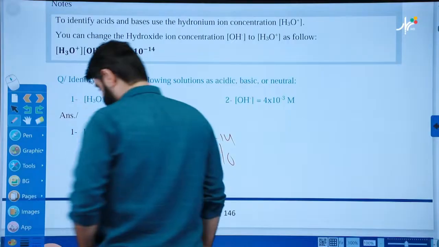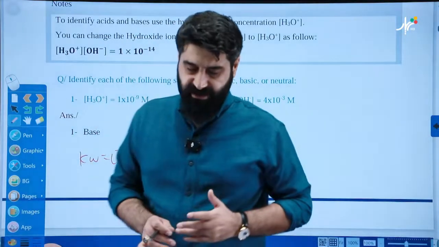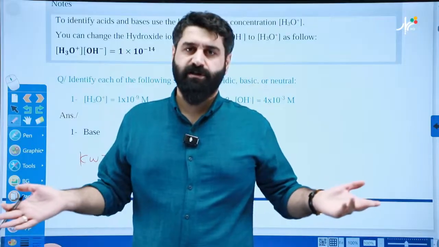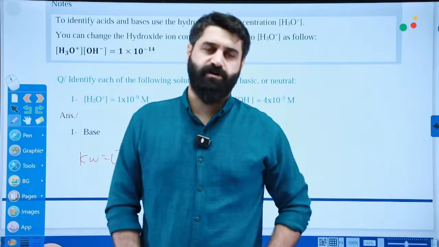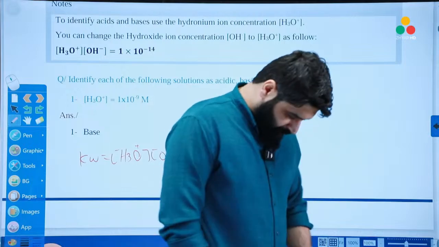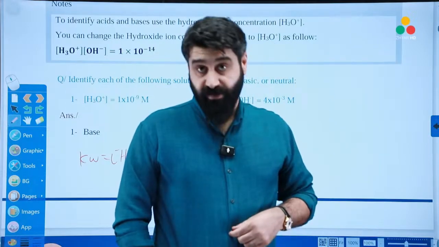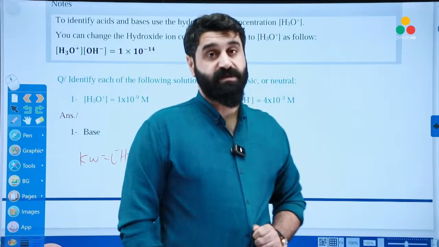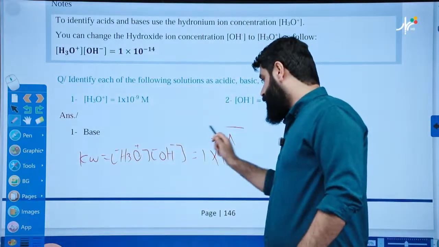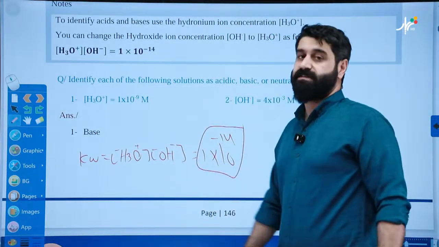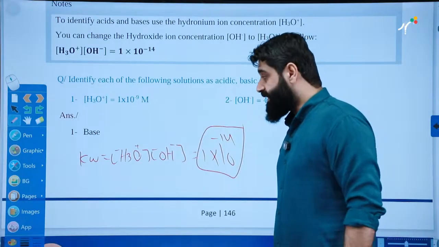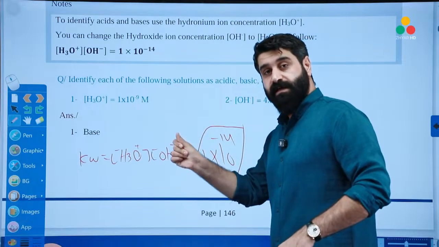Once the question doesn't mention it, it means it's room temperature, 25 Celsius. But if a question has a temperature other than 25, then Kw must be given, because we only know the Kw value for 25 Celsius.